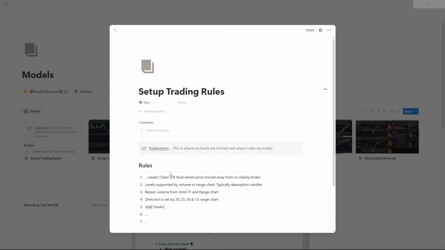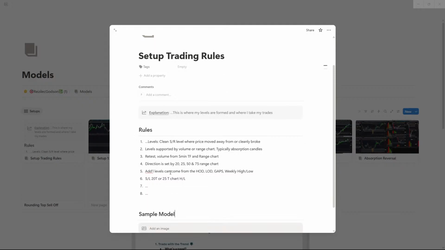Additional levels can come from the high of day, low of day, gaps, weekly high or low. Stop loss 20 tick or 25 tick. Chart high or low. Okay.